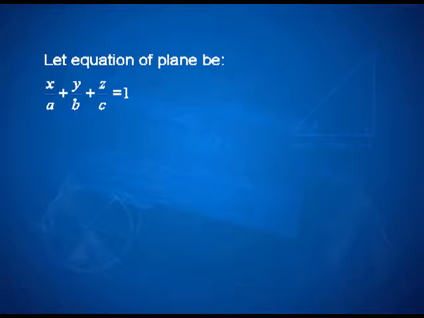Once I understand the plane is cutting the intercepts A, B and C, then using the intercept form of the equation of the plane, I have x by a plus y by b plus z by c is equal to 1.